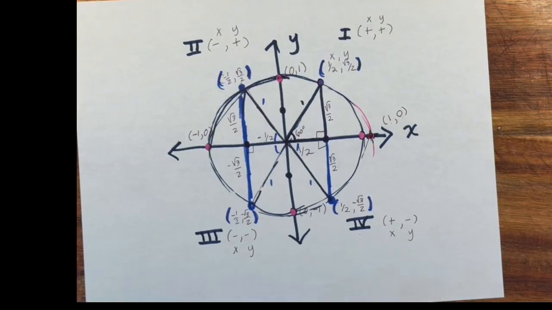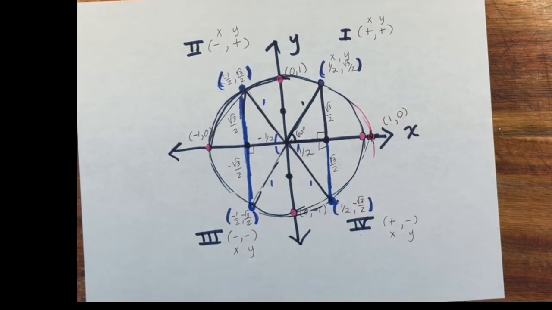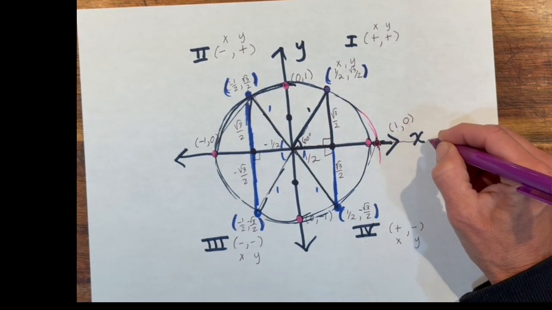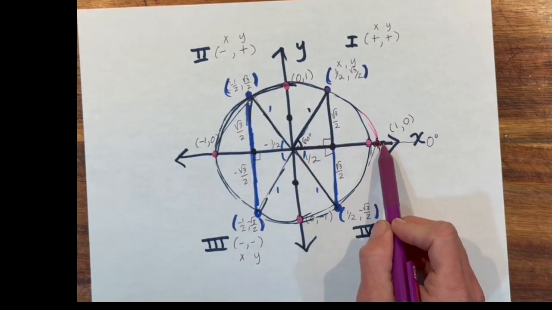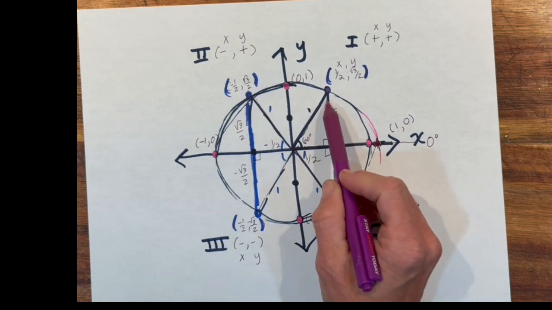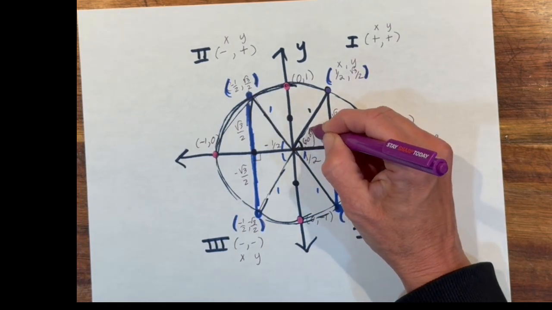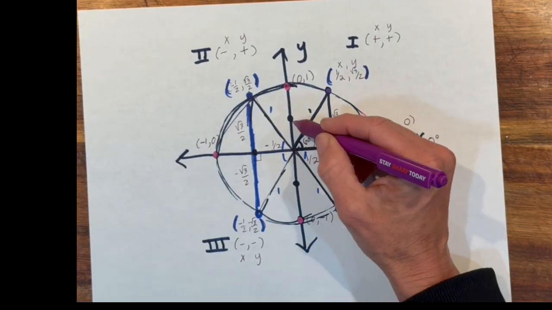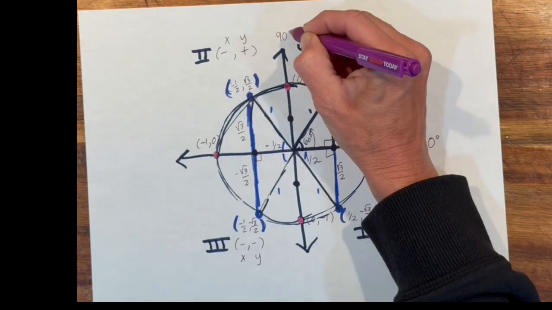What we're seeing here is the beginning of what we're going to call the unit circle. If we consider this, the x-axis is 0 degrees, right? That's the flat line. And then this makes 60 degrees going this way. We're going to go counterclockwise. Here's the right angle, so this would be 90 degrees.